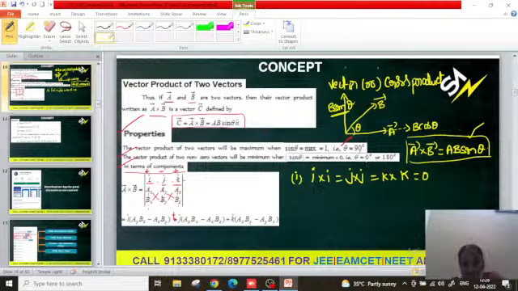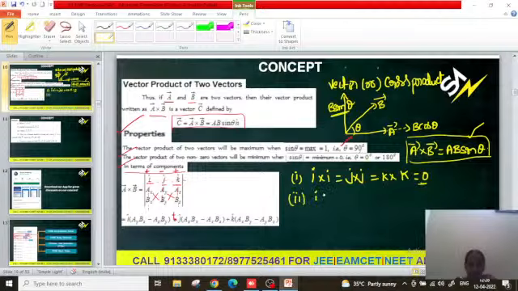So the angle will be 0 or 180, in the clockwise or anti-clockwise sense. For angle 0 or 180, the vector product of two non-zero vectors will be minimum. So minimum is 0.